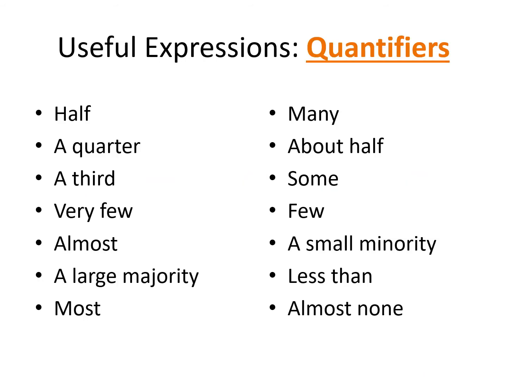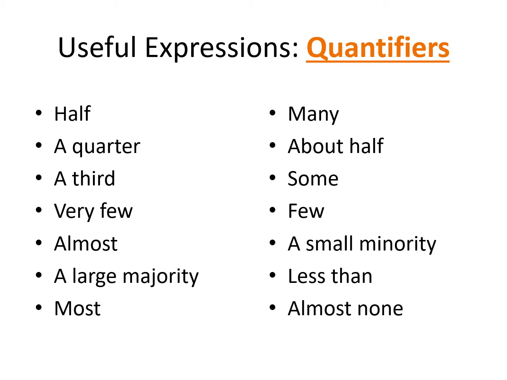Now here we have a few useful expressions which are also known as quantifiers. We need to use this when describing the subject spoken about in the question. For example, it could be about students or parents or teachers or even an entire class. So we need to speak about them using these quantifiers.